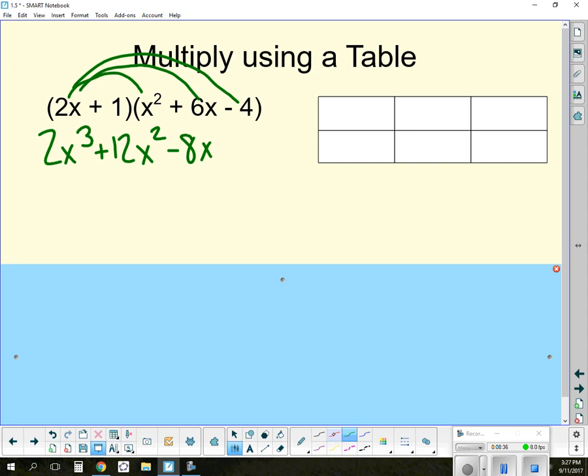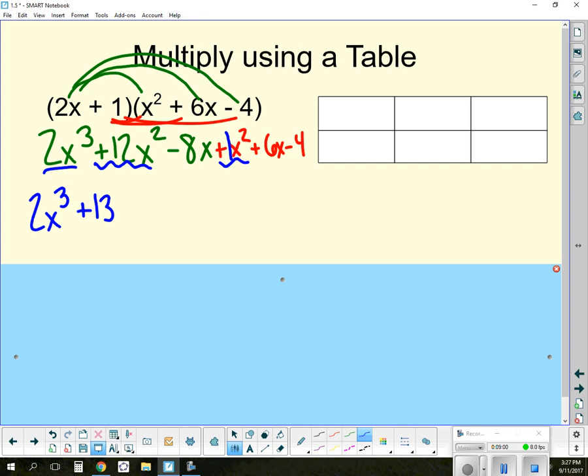Keep going. Ooh, nice pretty color there. Distributing a 1, that's the second thing in the first parenthesis, so that would just be plus x squared plus 6x and minus 4. And then you're going to look for like terms. This is the only one with an x to the third. X squared, I have 12x squared plus x squared. I remember that's a 1 coefficient.